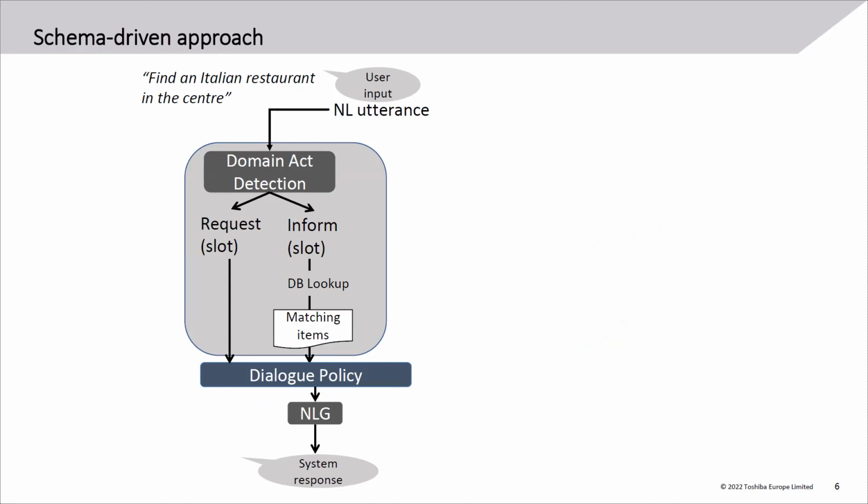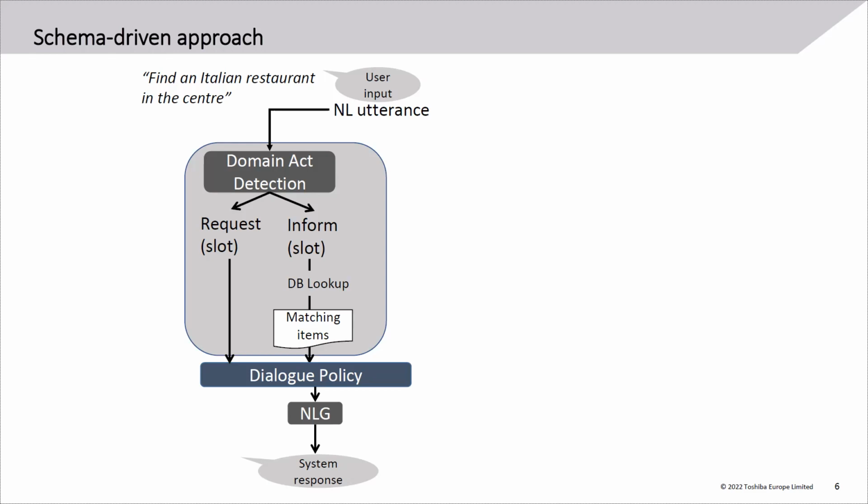For example, in our work, we use restaurant search as the domain. So the system allows the user to specify properties of the restaurant, such as food type and area and price range. So a user might say, find an Italian restaurant in the center.